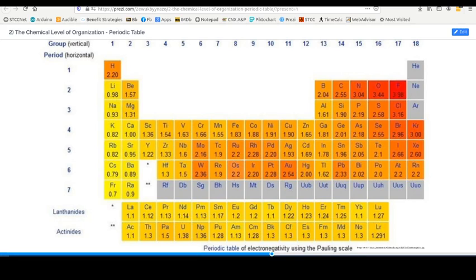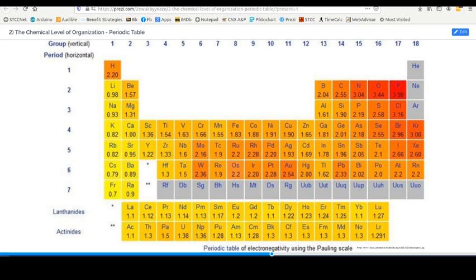The reason for that is that electronegativity basically comes down to two aspects of an electron. The bigger the nucleus, therefore the more protons present, the greater affinity it's going to have for electrons. Remember, protons are positively charged and electrons are negatively charged, so they're going to be attracted to each other. The more positively charged the nucleus, the greater the attraction to electrons.